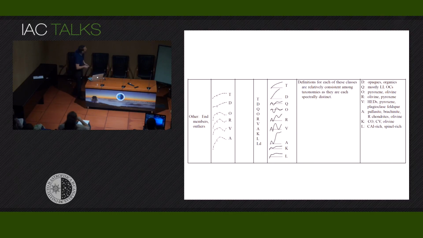Okay, so now the other end members, outliers, here and here in the newest taxonomy, T, D, Q, O, R, V, A, K, L. And what do we have here? It's a list of minerals and materials, a long list of minerals and materials. Okay, so this is kind of the playing ground we have here.